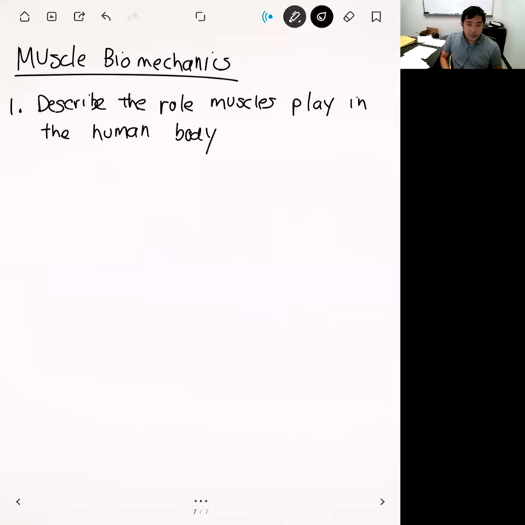All right. And so in the human body, muscles have a very unique property in that they're the only type of tissue in your body that can develop force. Okay.